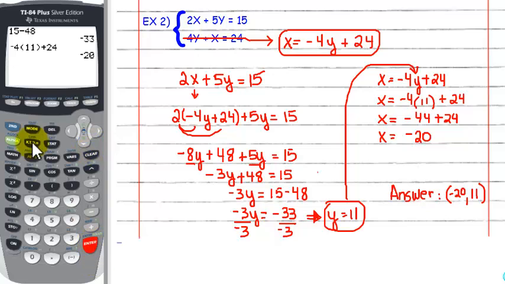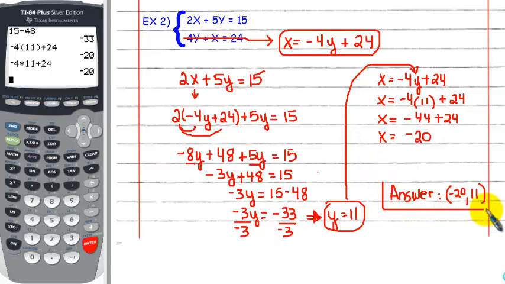If you do not have this calculator at home, basically the steps will be similar, but probably your calculator will not have the parentheses, so you can do 4 times 11 plus 24 in that order, and the calculator will give you a negative 20, because remember, this parenthesis means we're multiplying negative 4 times 11. So there we go. Our answer for this system of equation is negative 20, 11.